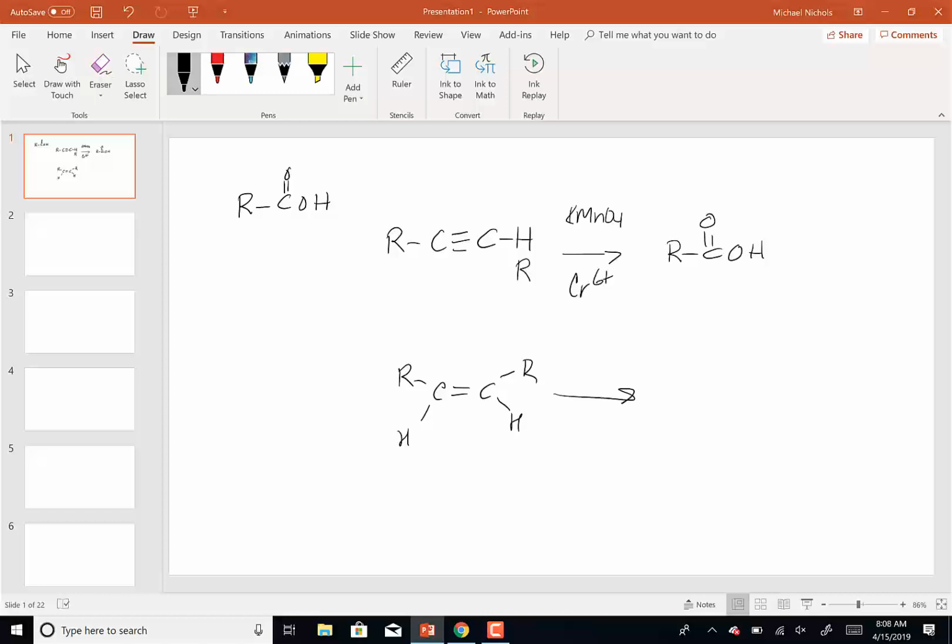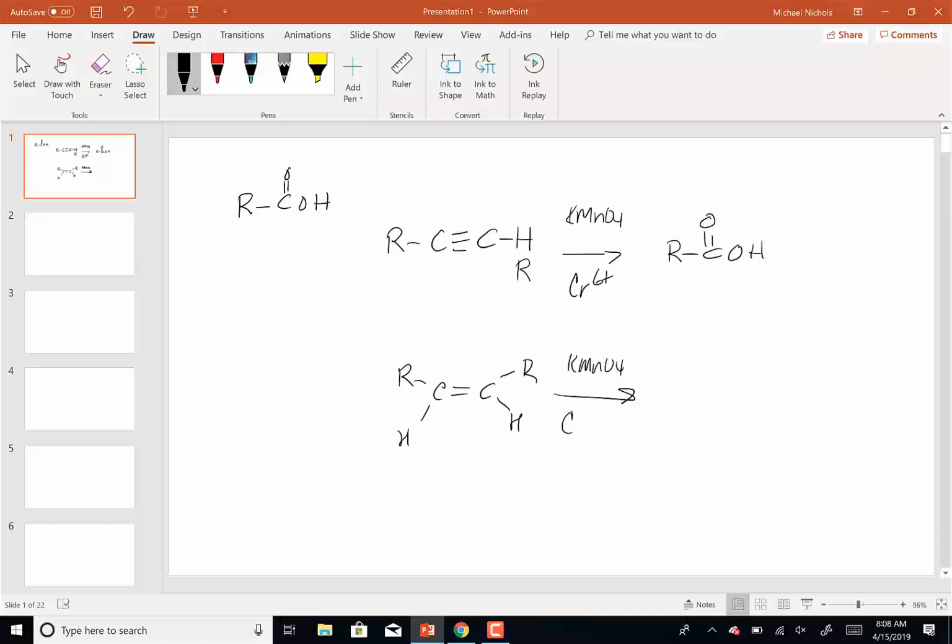Of course, I don't know why they said triple bonds, because couldn't I do the same thing with a double bond and cleave it to make carboxylic acids? Yes, I could. What reagent would I use there? Hint, strong oxidizers. KMnO4, chromium 6.